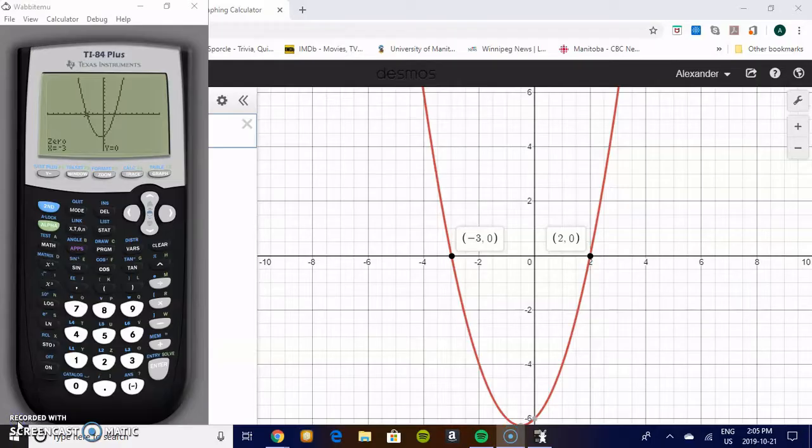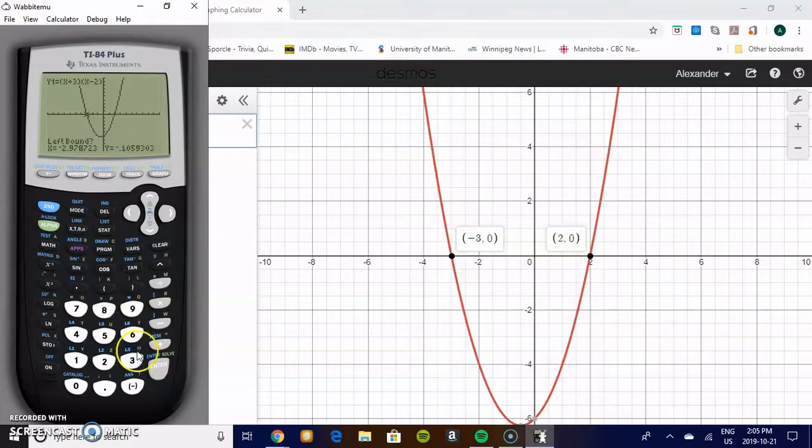So going back to the graphing calculator again, I'm just going to showcase how to find the vertex. So first thing we need to notice is that this is a quadratic that is opening upwards, which means that it has a minimum value. So I have to go to second and trace, and minimum is number 3.